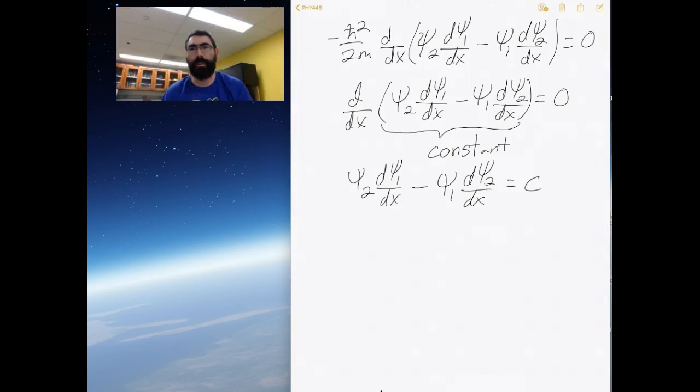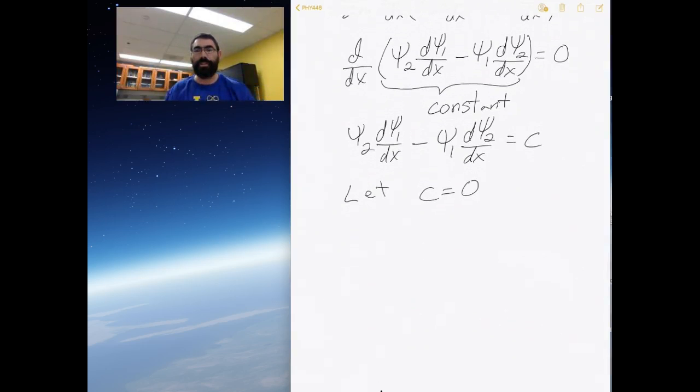And now I can try and make the argument that what we would like is for all of these things, psi 1, psi 2, derivative of psi 1, the derivative of psi 2, all of those should go to 0 at the boundaries. Therefore, a good choice is to show that C is really 0, to satisfy the boundary condition that psi 1 and psi 2 would basically meet at the boundary.